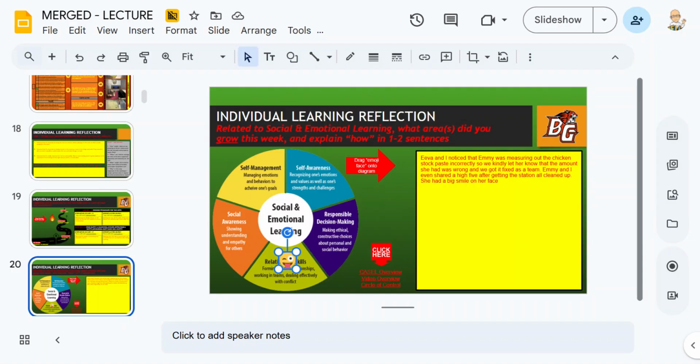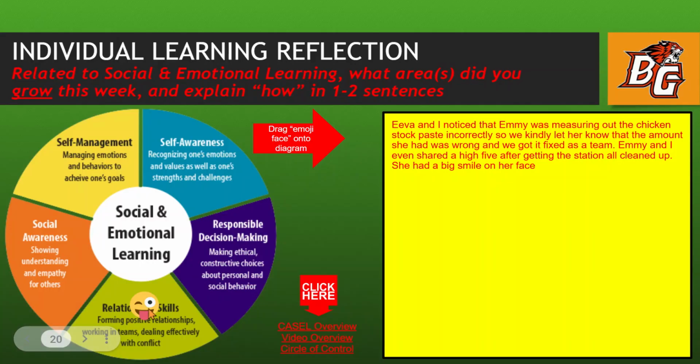So then I'm working on responsible decision making, or I'm working with my team a little bit better and dealing with relationship skills. Okay. So you might find that it's reactionary to something that you did. That's okay. So just reflect and go, oh, this is sort of an area that just happened to be what I was working on this week, just because that was what was going on for me inside.